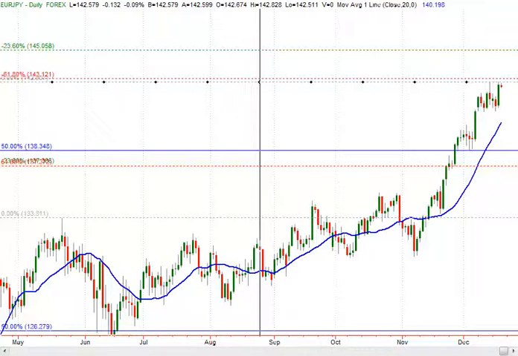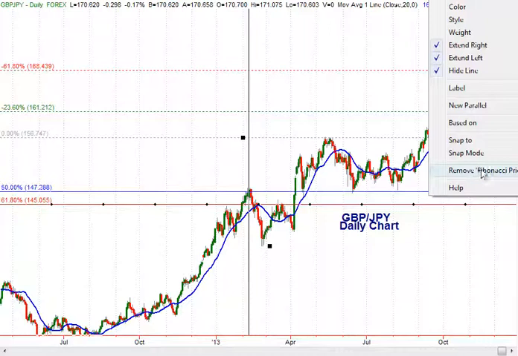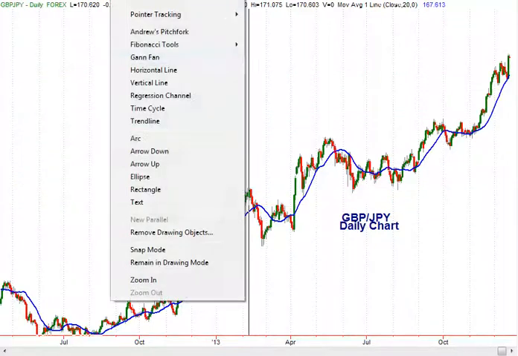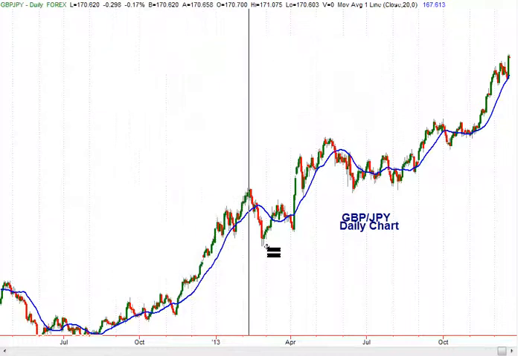Moving to the pound versus Japanese yen. Again, what you see on the screen is my last trace. So I'll repeat that for you. From lows in February 2013 to highs.